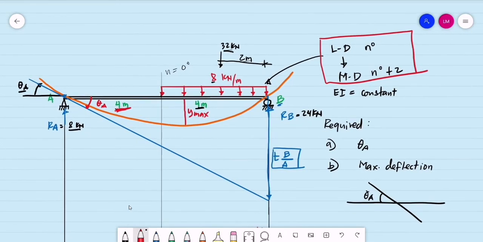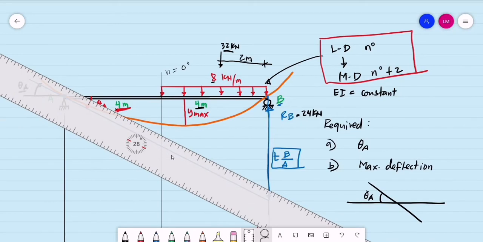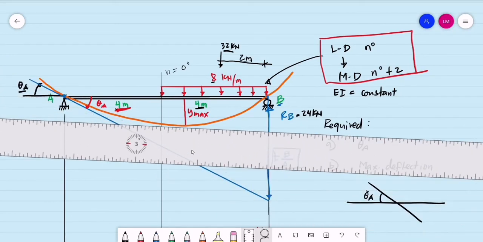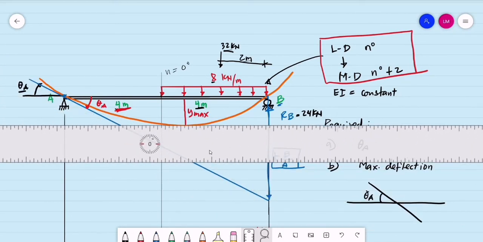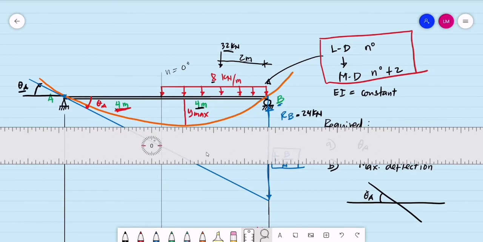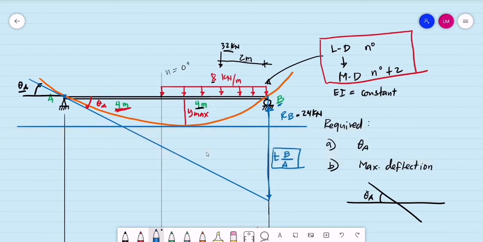So take note that the tangent line, or the slope of this elastic curve at the maximum deflection, is horizontal. That is, if we draw a horizontal line that will intersect the elastic curve, that is the point of the maximum deflection.